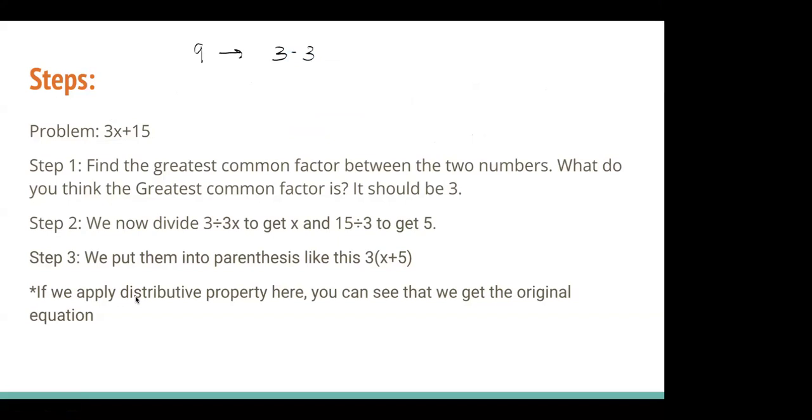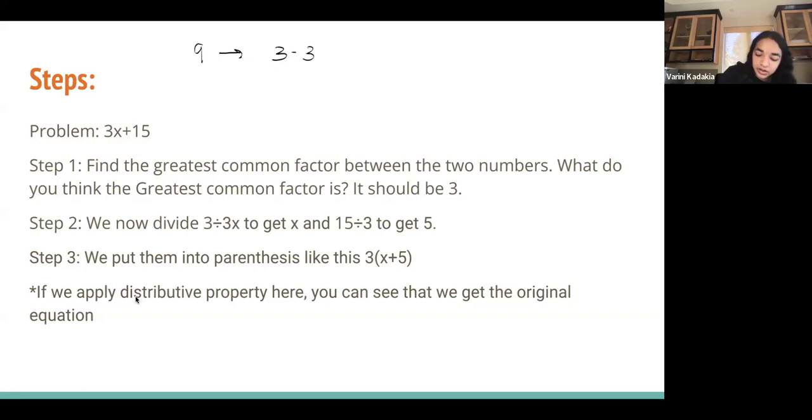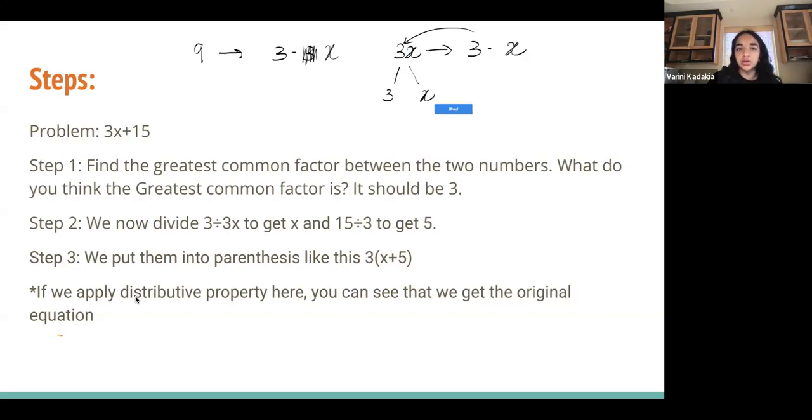Instead of a 3 here, let's pretend this is x. So our expression 3x is basically just saying 3 times some number x. That's what it's saying, right? And this 3 times x will give us 3x. So if we want to break up 3x, we can break it up into 3 and x as two separate numbers. Does that make sense?